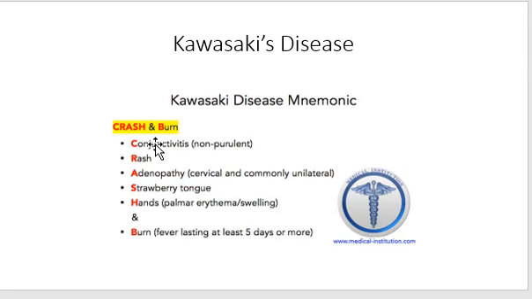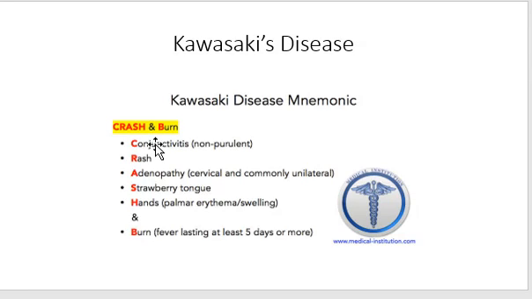But anyway, the treatment is IVIG, which is intravenous immunoglobulin. It is administered IV, of course, and this is an immunoglobulin, and it can prevent all these cardiac or coronary artery pathology.